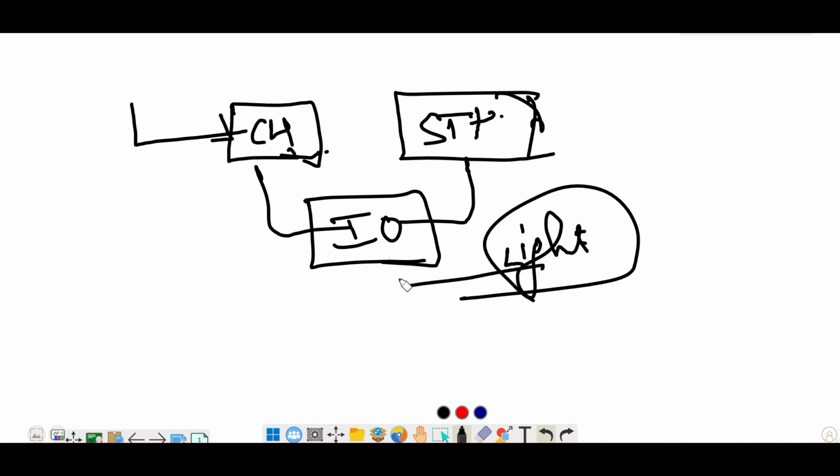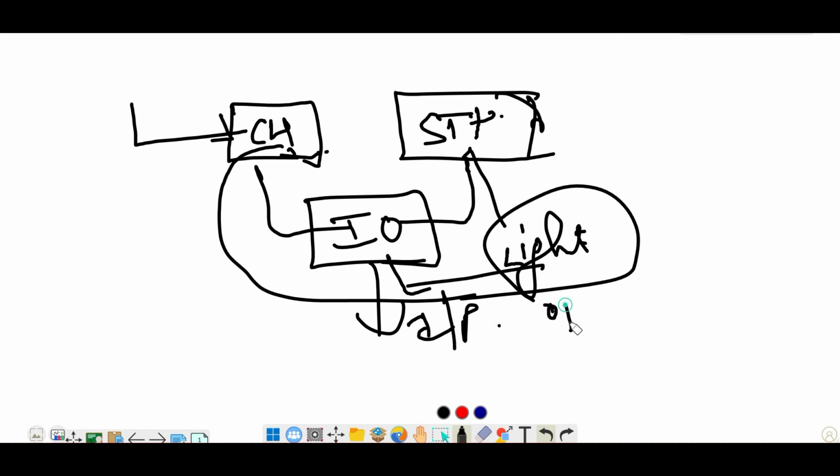To get the light, IO has to work, step down IC has to work, and charging IC has to work. How it will work and what input and output sections will be active in IO, I'll explain to you one by one.